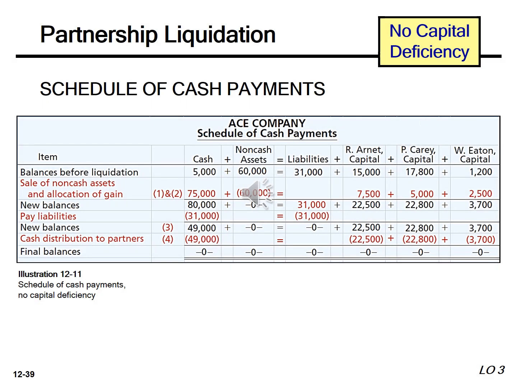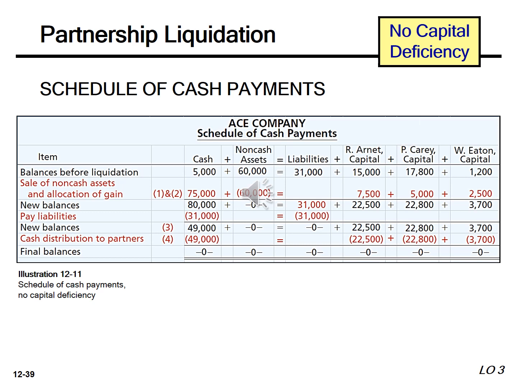At the end of this, we can now create our schedule of cash payments based on all the information that we have gathered. And you can see that on this schedule of cash payments, we will begin with the balances before liquidation, where we had 5,000 in cash. We had non-cash assets worth 60,000 on their book value.